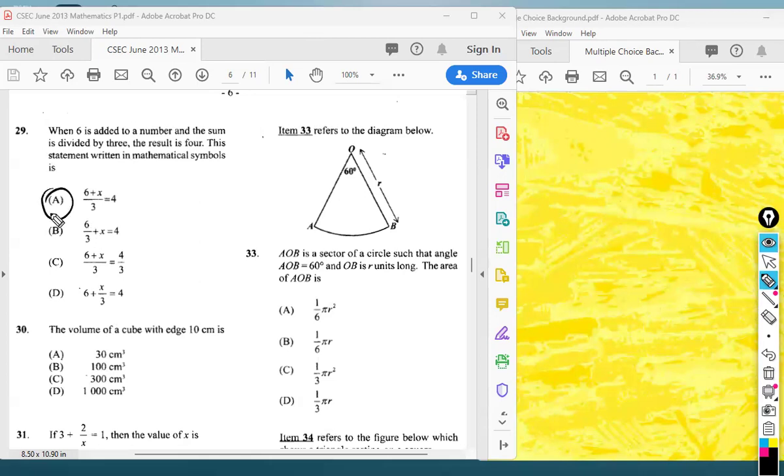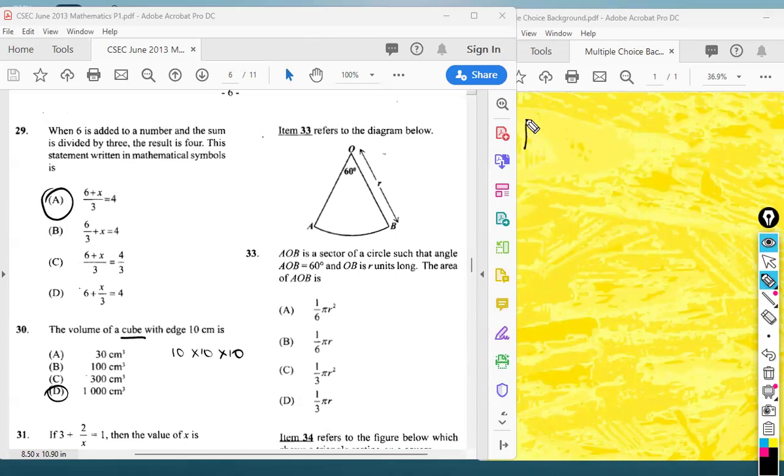Number 29 is clearly A, right? The volume of a cube is just side by side by side. So it's 10 by 10 by 10, which is 1,000, not 300. A few people said 300 by mistake. I know it's just tiredness.